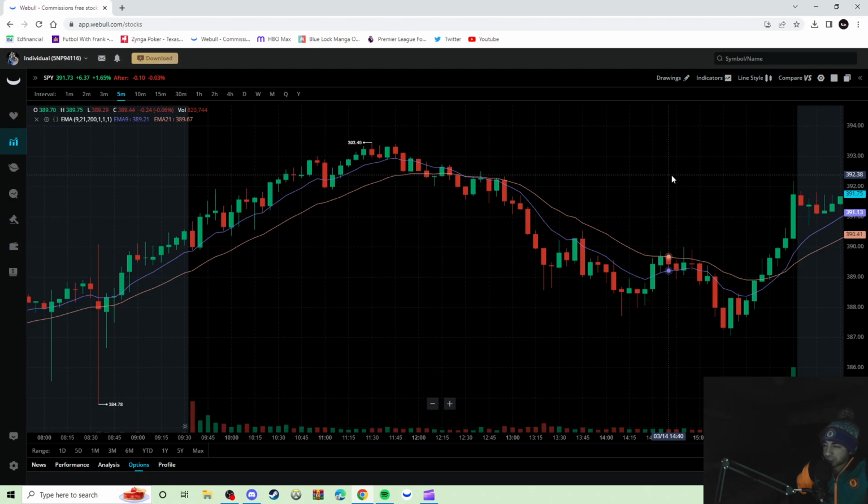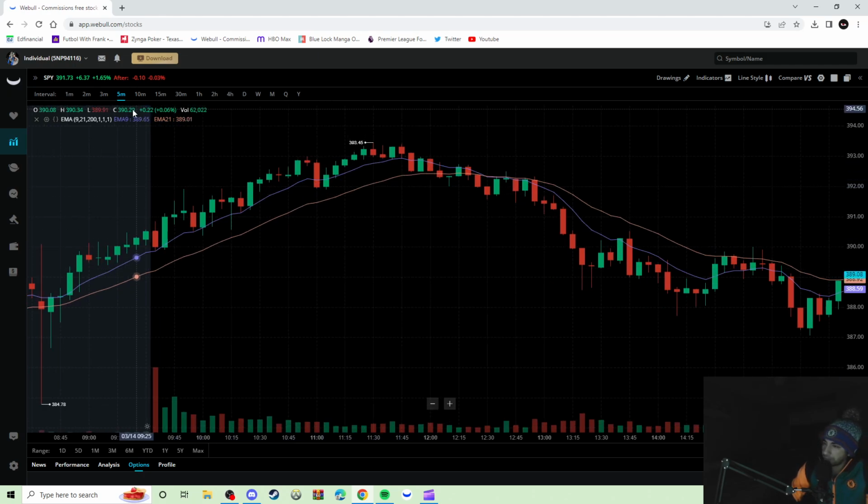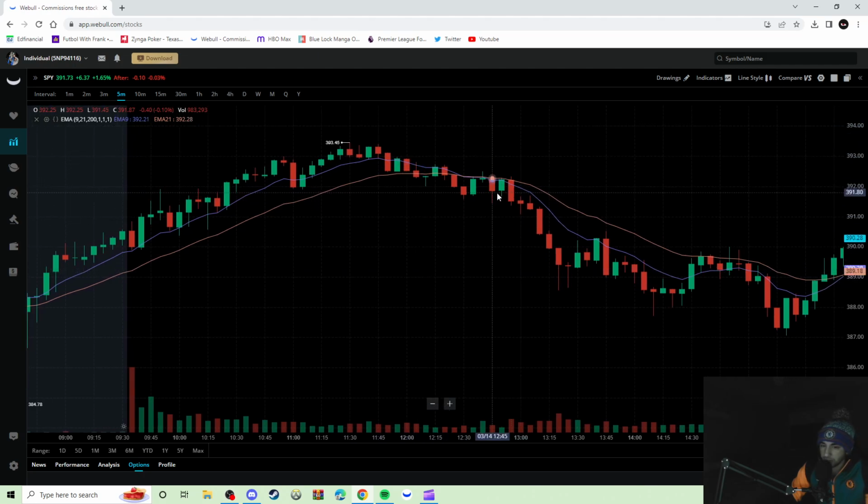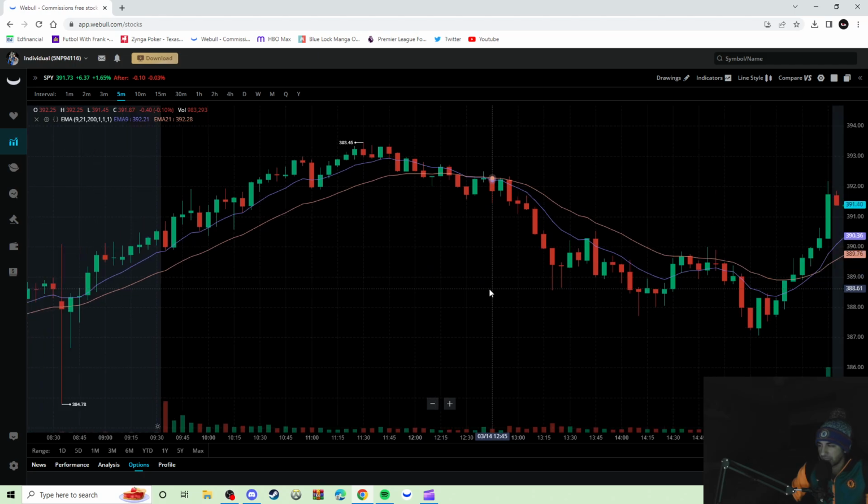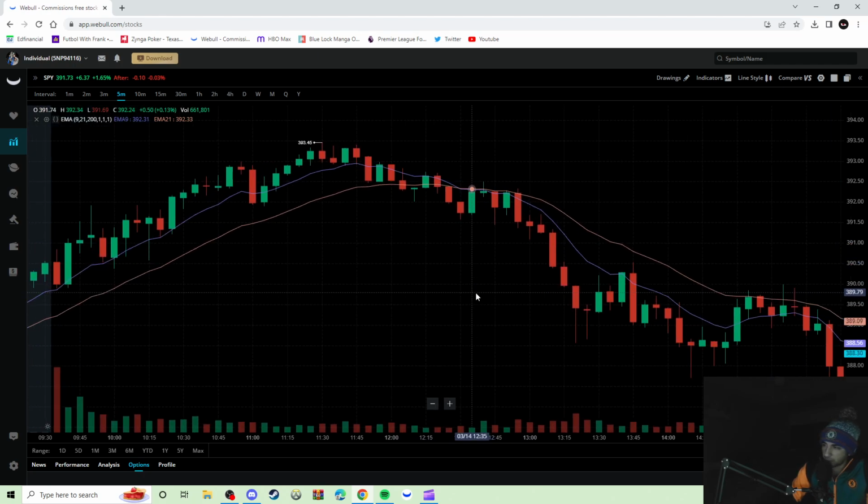So, for example, this is one of the trades that I took today on SPY. I went on the 5-minute chart as such, and I was a little fortunate, I would say, that I was on lunch at this time.